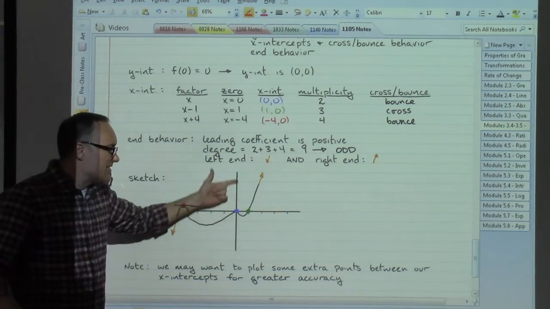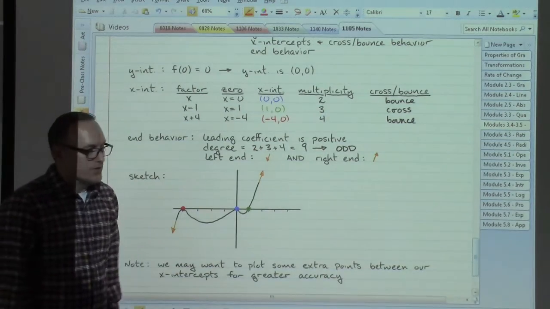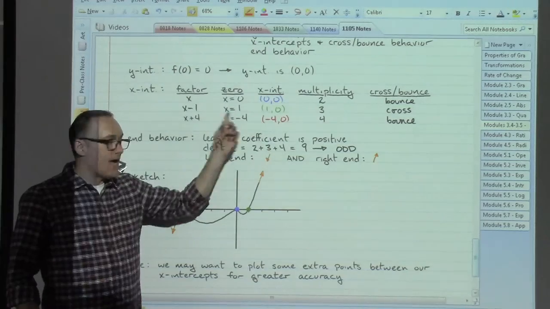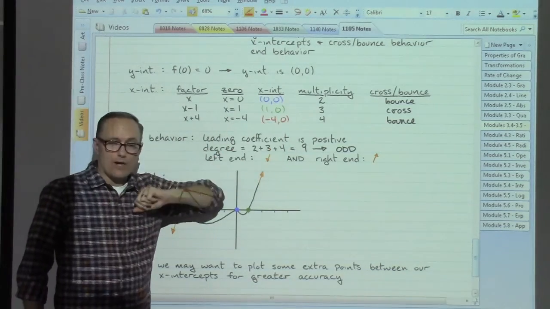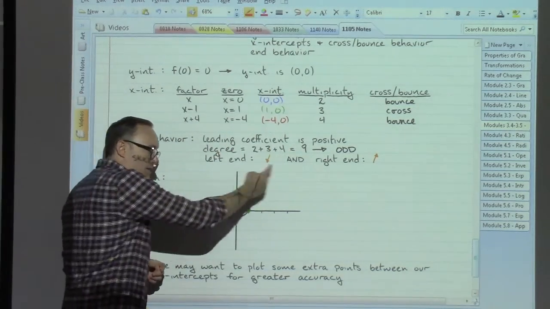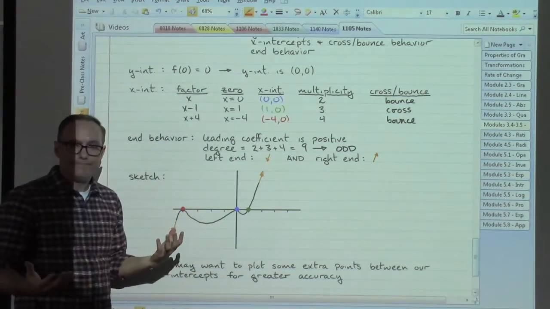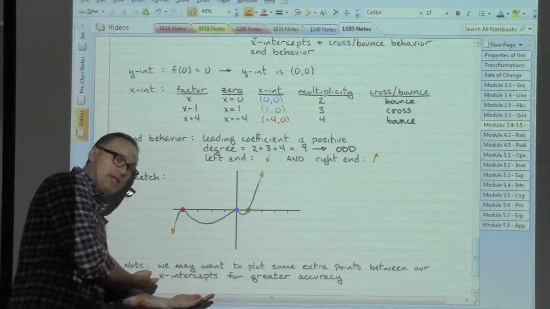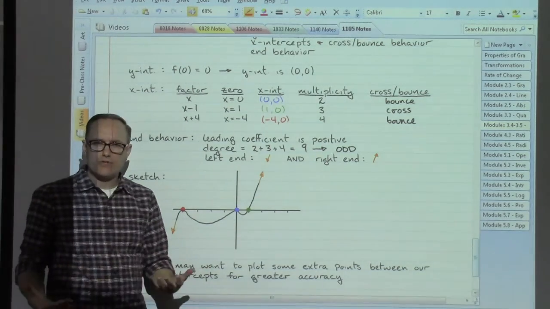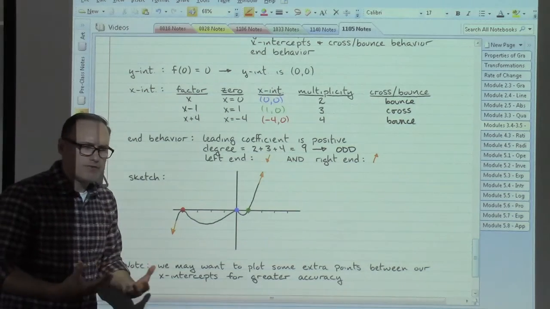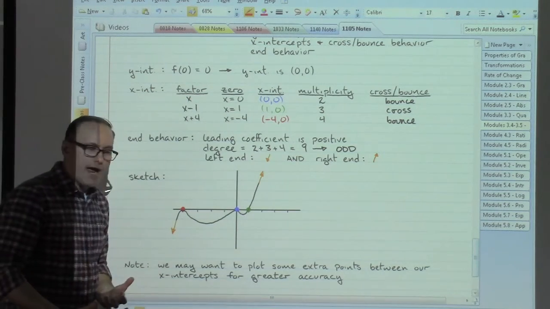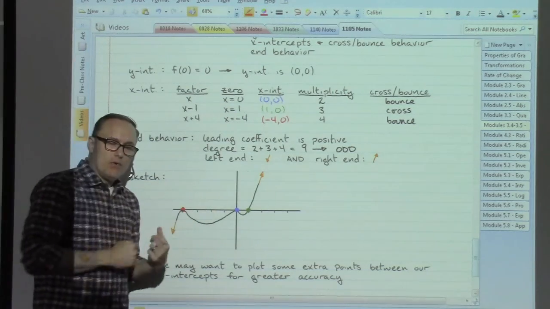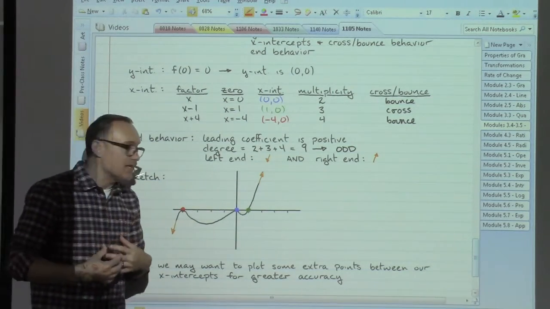We didn't bother to put any scaling on that y-axis just for laziness' sake. This is just a very rough sketch based on the intercepts, the cross-bounce behavior, and our end behavior showing up. It's not bad. It could be better, but that would require some extra number crunching to achieve a greater level of accuracy. We don't necessarily need to worry about that, but we're trying to get that sense of how things tie together.